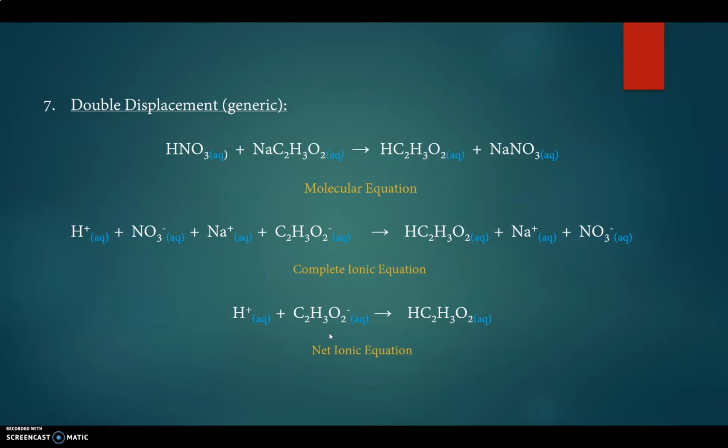So even though everything was aqueous, clearly we formed a new substance, acetic acid, from the hydrogen ions and the acetate. And if you form a new substance, by definition, you have a chemical reaction. So since this is not precipitation and it's not acid-base, we simply use the generic term and just call it double displacement.